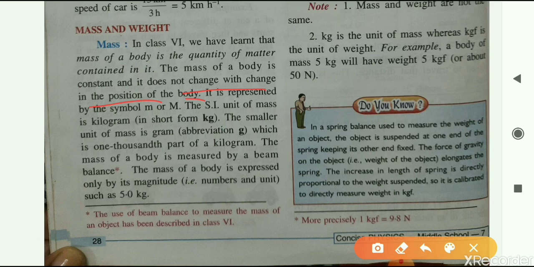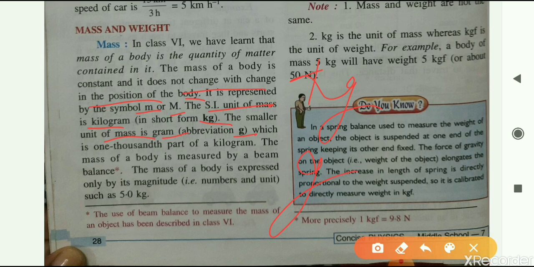It is represented by symbol m, small m or capital M, and the SI unit of mass is kilogram. The smaller unit of mass is gram. We can write it as g, kilogram as small k and g, and gram as small g.